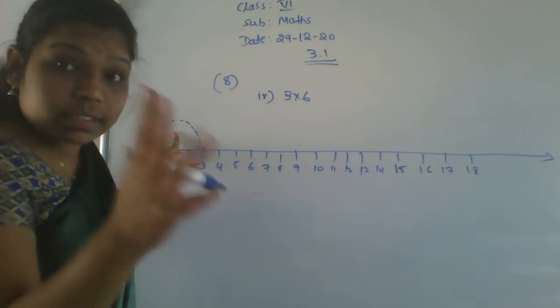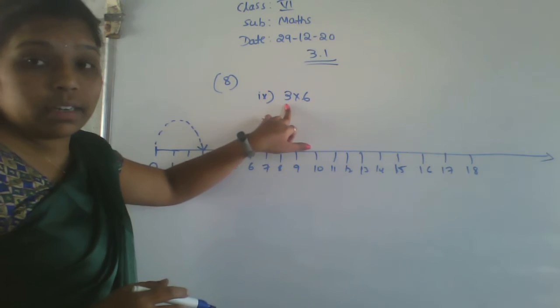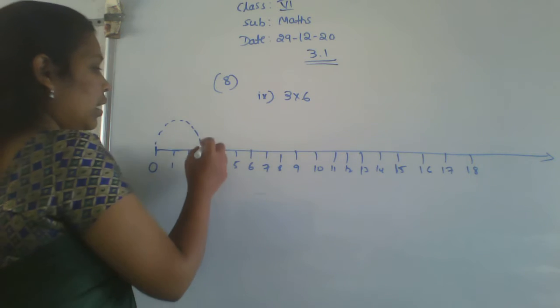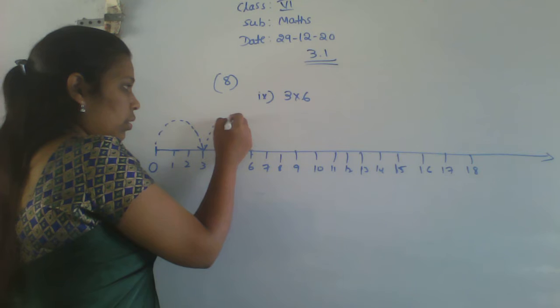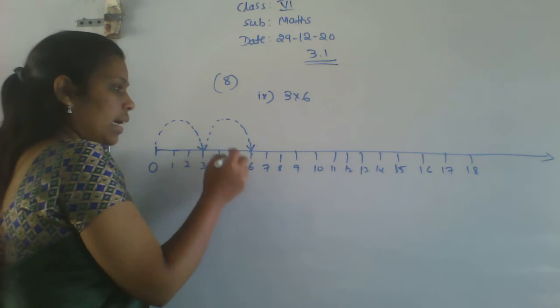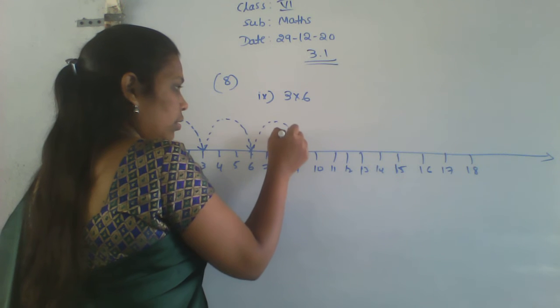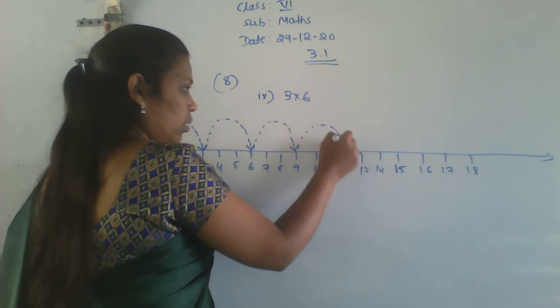Like this you have to do 6 times. Take three numbers because here 3 is there. So 1, 2, 3. The first one for the 3. Next, 1, 2, 3. Okay. Second time. Next three numbers: 1, 2, 3. Here, 1, 2, 3.